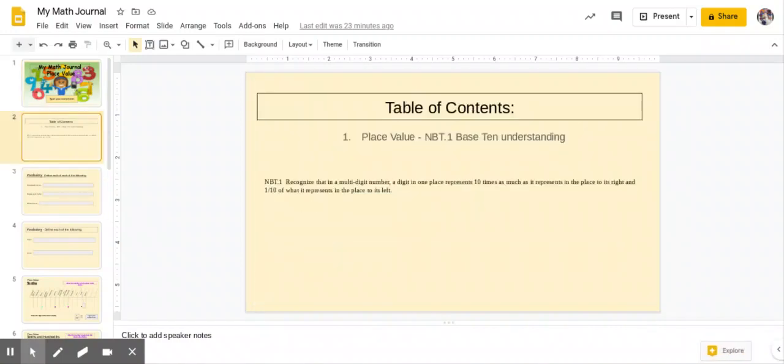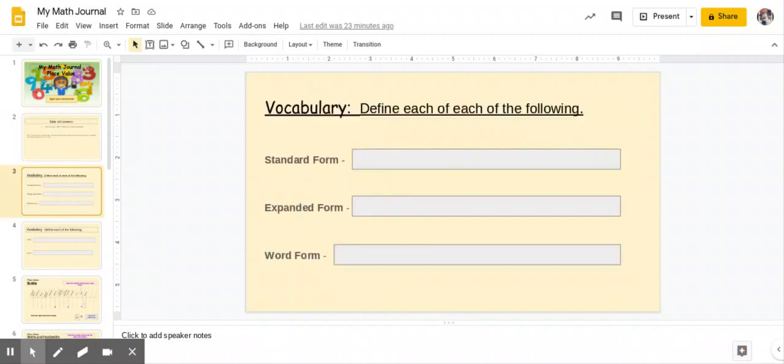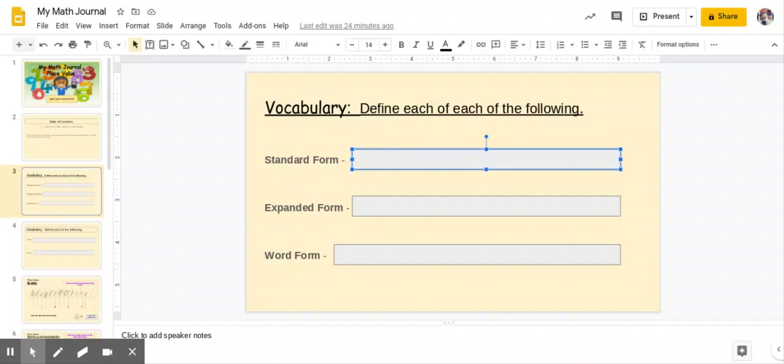Okay, so we're going to start with just understanding base 10 and place value. It says, I can recognize that in a multi-digit number, a digit in one place represents 10 times as much as it represents in the place to its right, and 1/10 of what it represents in the place to its left. So first we're going to start with a little bit of vocabulary.